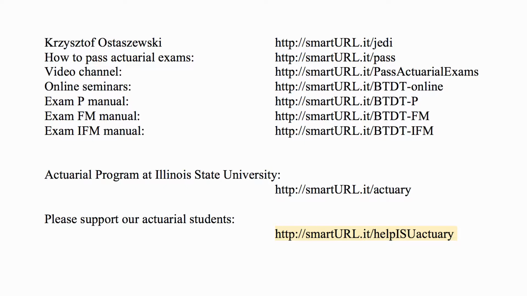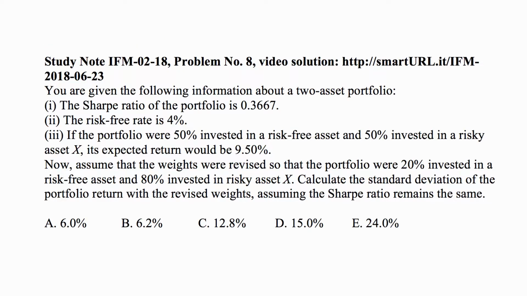Here's a problem for exam IFM, Investments and Financial Markets, for June 23rd, 2018. You are given the following information about the two-asset portfolio. The Sharpe ratio of the portfolio is 0.3667. The risk-free rate is 4%.